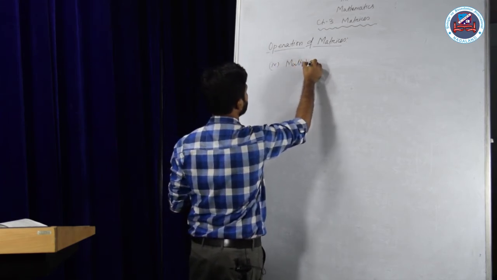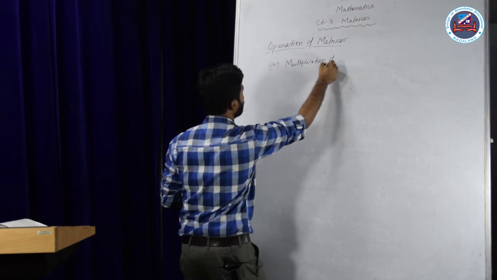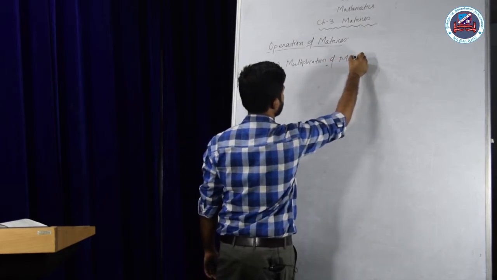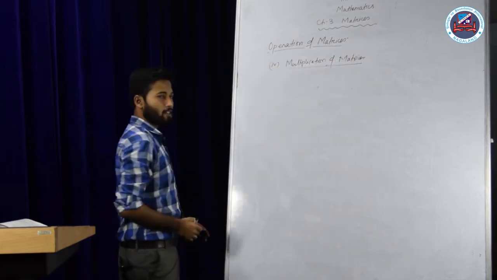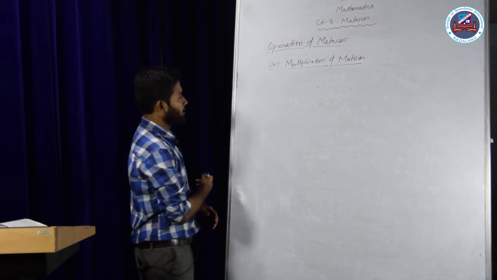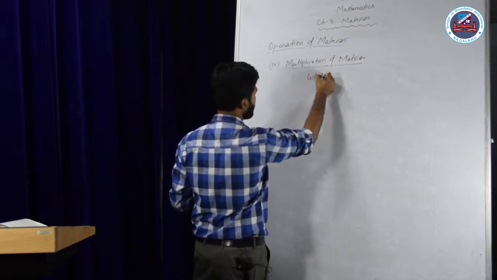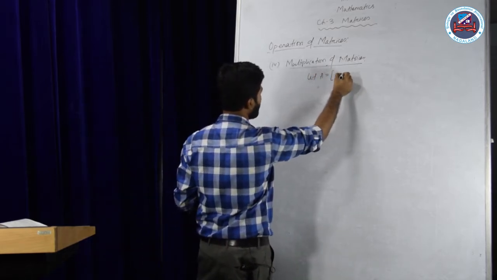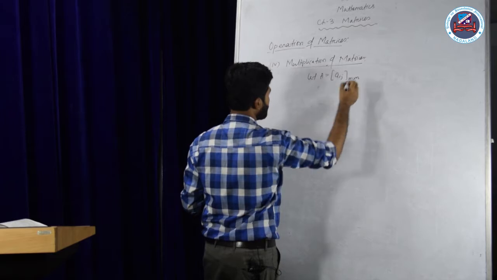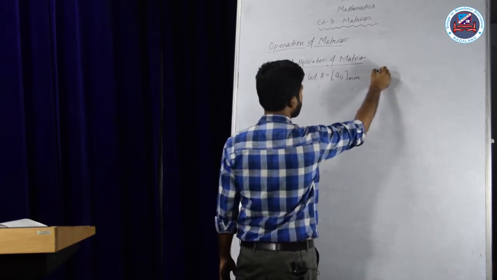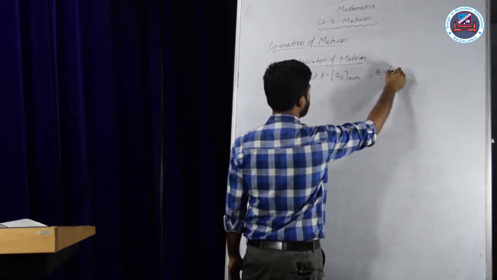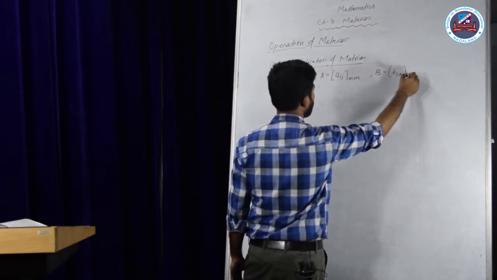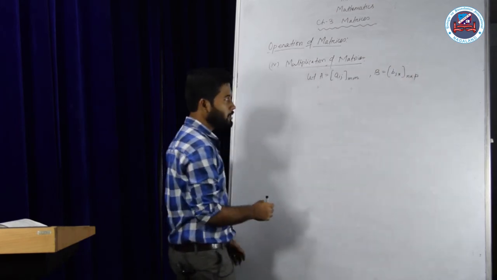Multiplication of matrices. So in case of multiplication of matrices, let us take two matrices. Let A is equal to Aij, m cross n, and B is equal to Bjk, n cross p. Okay.